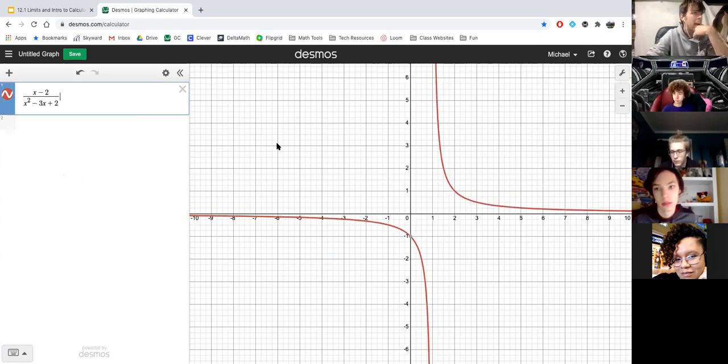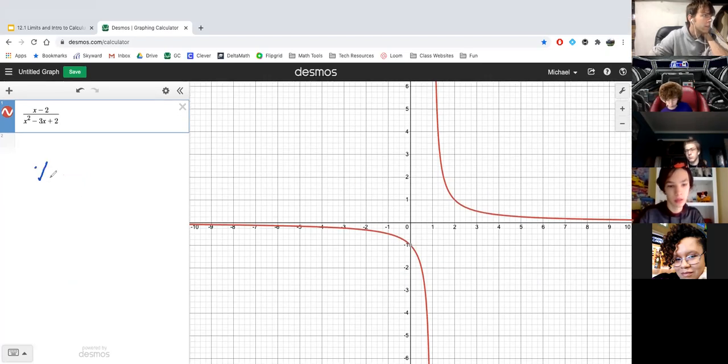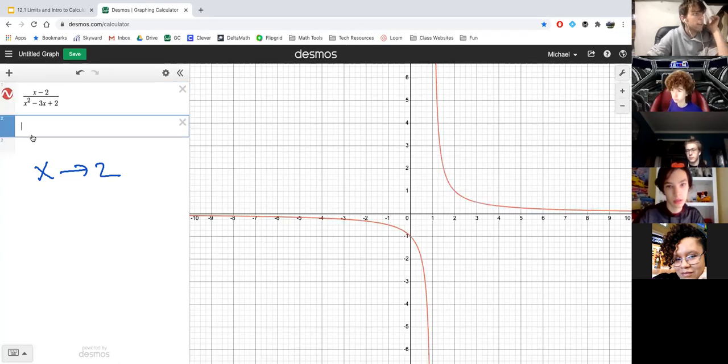So looking at this graph, there's definitely a vertical asymptote here, right? The vertical asymptote actually looks like it's at 1, not at 2. Remember, we're looking as x approaches 2. That's the limit we're looking for. I can see what the problem is as x approaches 1, right?